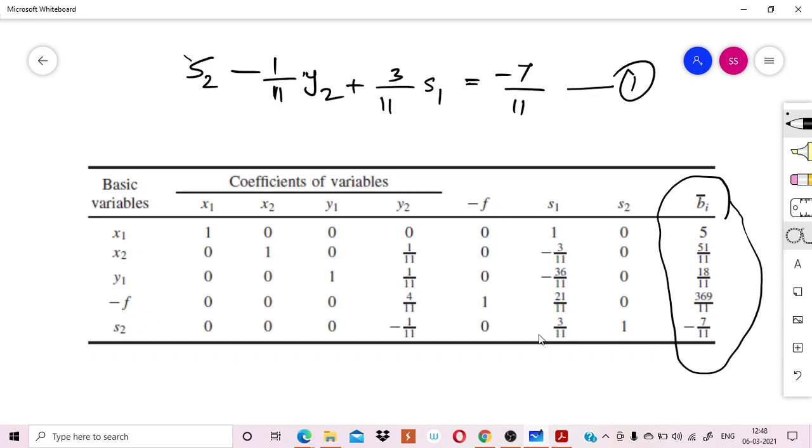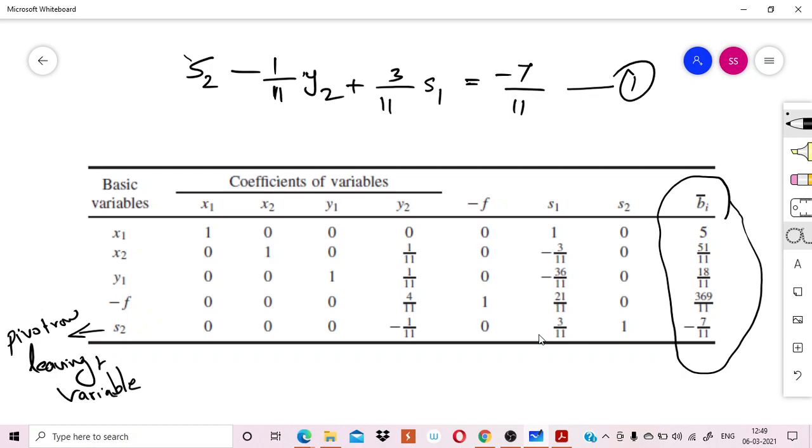So this is our pivot row, and this will be our leaving variable s2. S2 will leave in the next table.